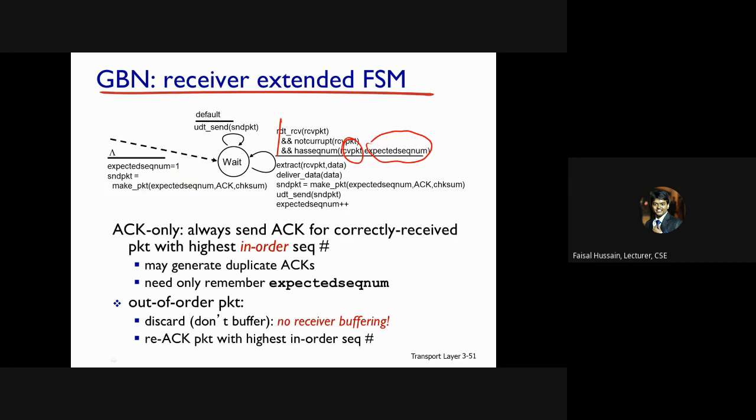But in this case you have to know what the expected number is. It can be 0, 1, 2, 3, 4. The size of N can be increased. So you have to keep track of the expected sequence number, which is also done here. Whenever you receive the packet correctly, you send it to the upper layer as well as increase the expected sequence number. After receiving 0, your expected sequence number is 1. In this way you keep track of the expected sequence number.